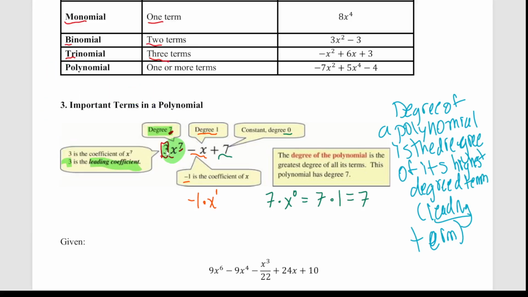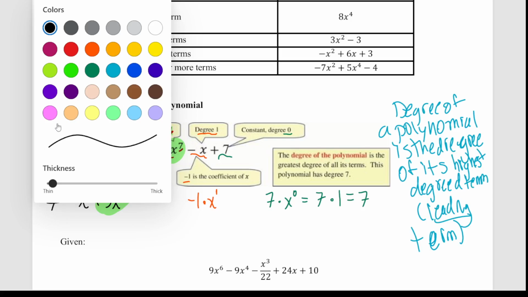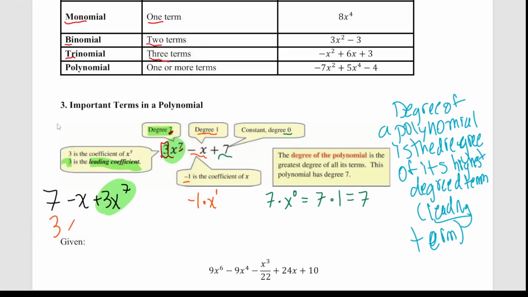Now keep in mind that that does not change just because the terms have been added in a different order. So in particular here, if I instead gave you this polynomial as 7 minus 3x plus 3x to the 7th, it would still have a leading coefficient of 3 and a degree of 7, because that's still the largest power on that polynomial, which is why it's recommended that you get in the habit of rearranging polynomials into what's called standard form, which basically means all of the exponents on those polynomials, aka the degrees of each term, are going to be in descending order from largest to smallest.